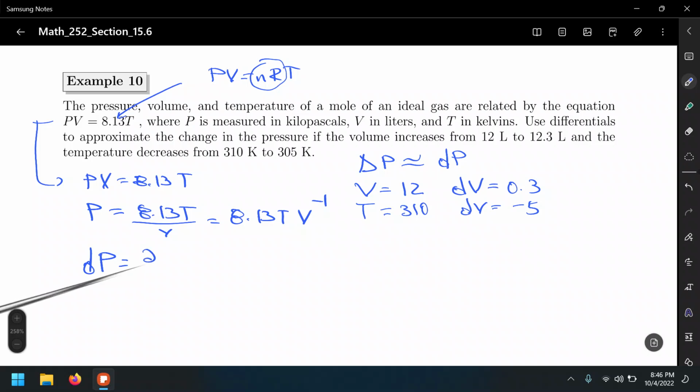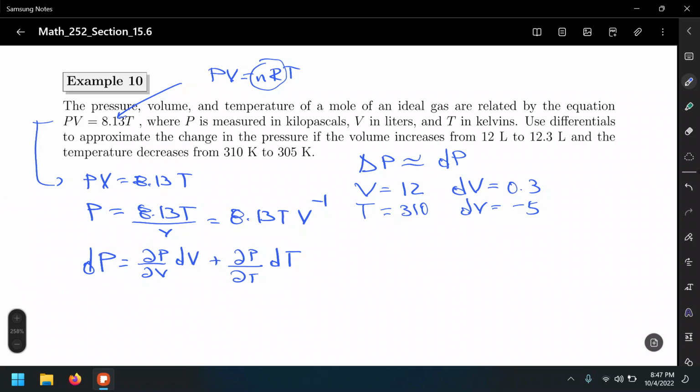dP is the partial derivative of the pressure with respect to the volume times dV, the increment in the volume, plus the partial derivative of the pressure with respect to the temperature times the increment or decrement, depending on the sign. In this particular case, it's a decrement, denoted dT. Well, let's find the partial derivatives.